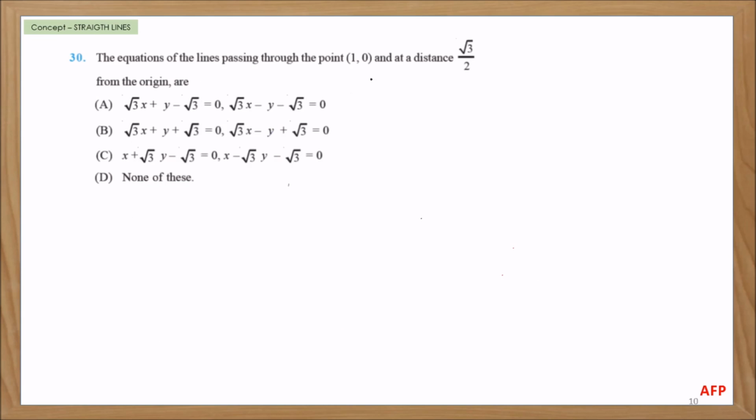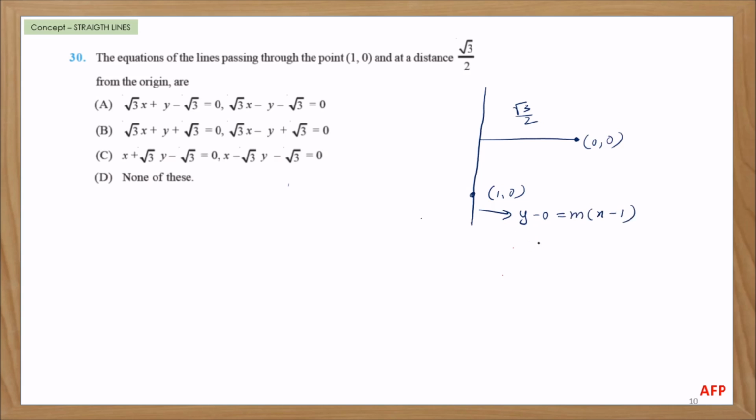Next, the equation of a line passing through a point and at a given distance from the origin. Okay, so this is the line we are having. This line is passing through (1, 0) and it is at a distance of root 3 by 2 from the origin. So this line will be y - 0 = m(x - 1).